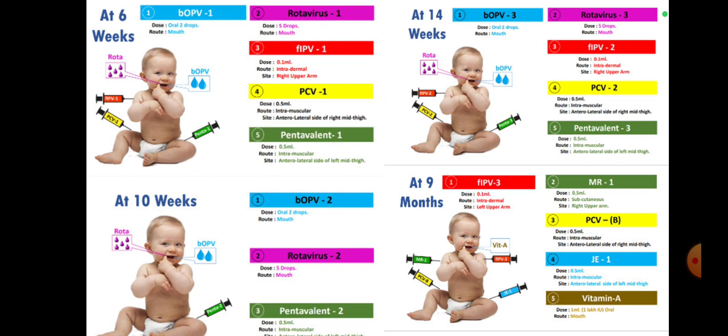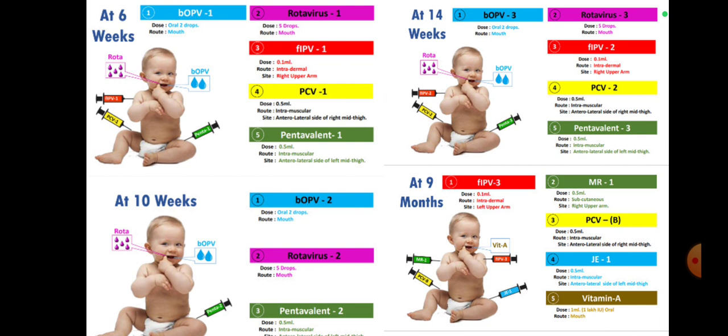Next, at the time of 14 weeks, BOPV third dose. The dose is oral 2 drops. The route is by mouth. Rotavirus third dose. The dose is 5 drops and the route is by mouth. FIPV second dose. The dose is 0.1 ml.